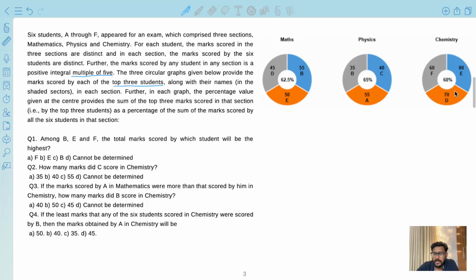I think it's better to make a table here. A, B, C, D, E, F, and for the subjects math, physics, and chem.